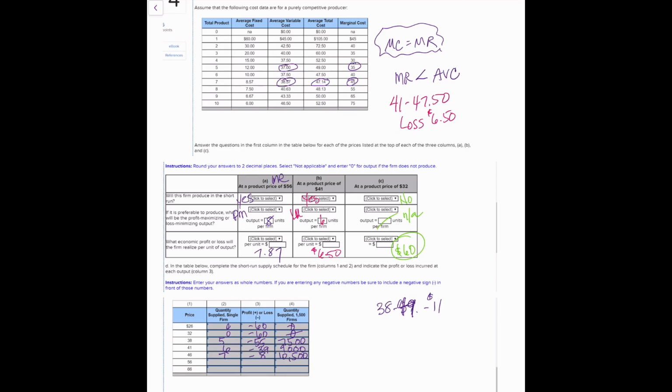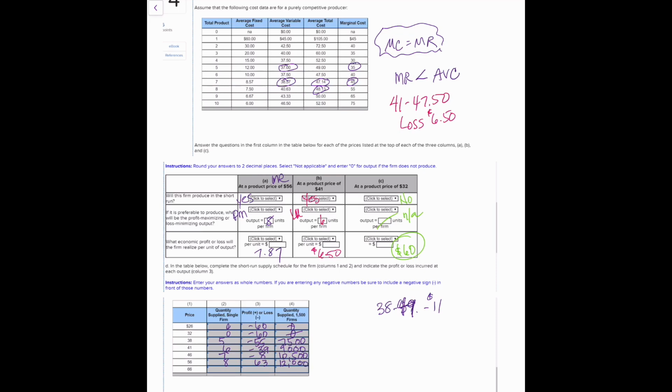And at $56, 8 will be produced. These 8 will produce a total profit of $63. That's because we take the average total cost, subtract that from the price per unit, and multiply it by 8. And then the total produced to the marketplace is 8 times 1,500 firms, and that's going to be 12,000.